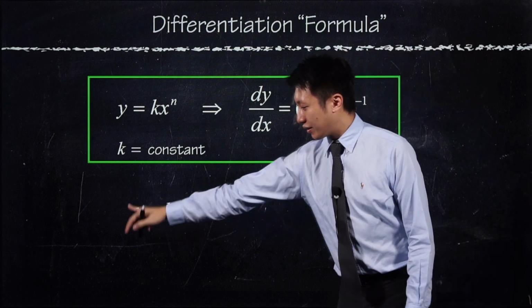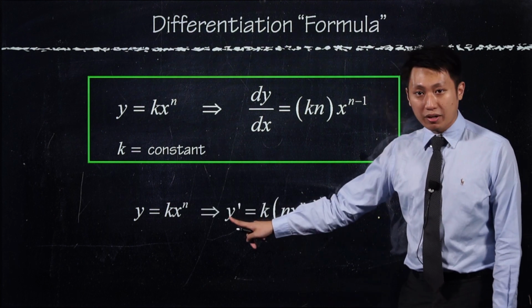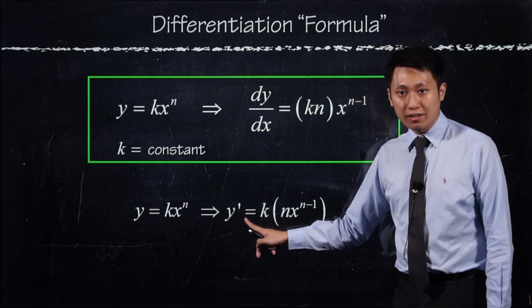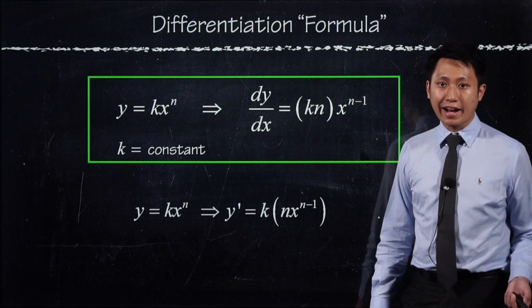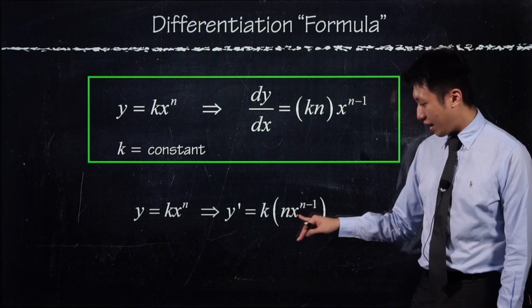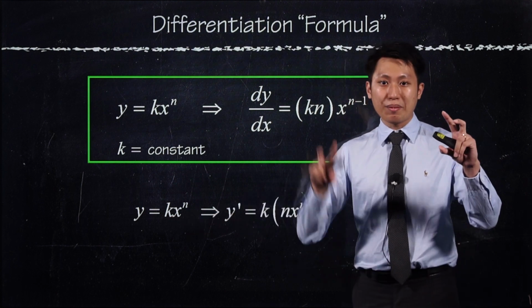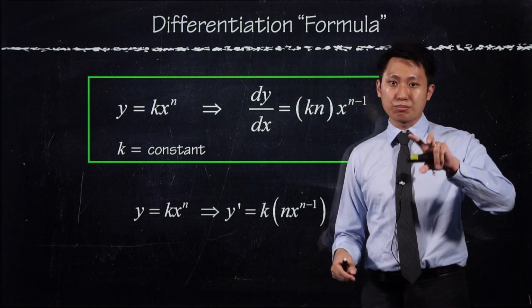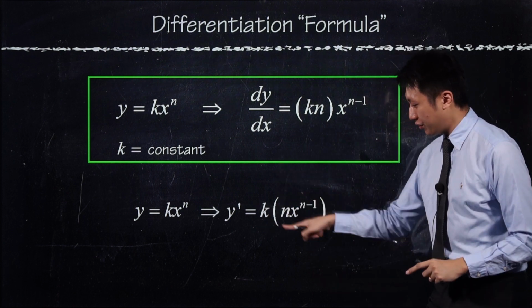Let's say y equals k times x to the power n. Then y prime will be equal to k. You see, k I can bring out first, right? Then inside I differentiate x to the power n. Differentiation of x to the power n will give you nx to the power n minus 1. Remember the property: constant multiplied by a function, the derivative will be just bring out the constant, differentiate the function.